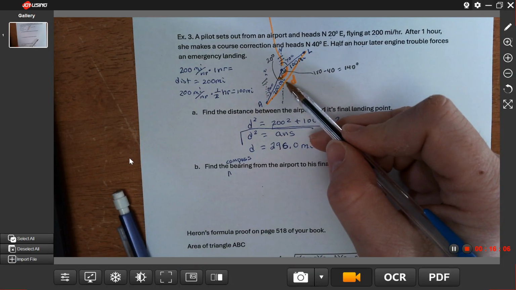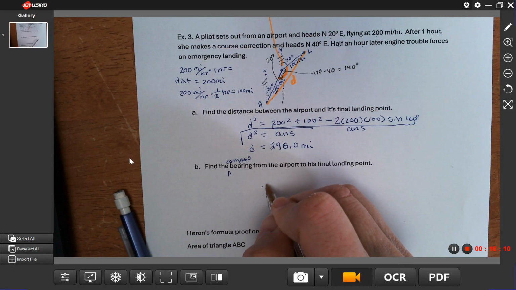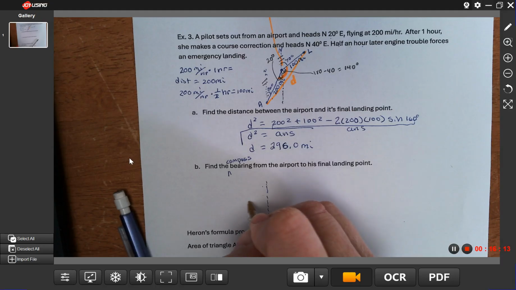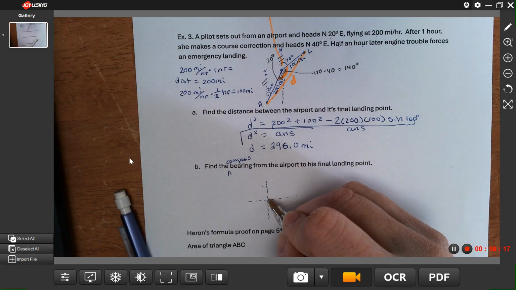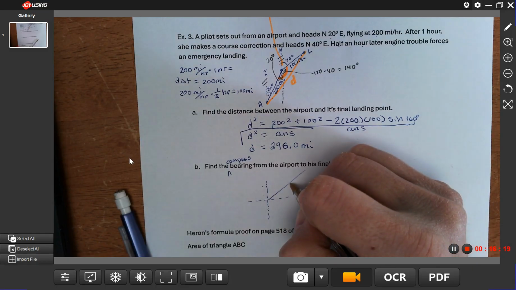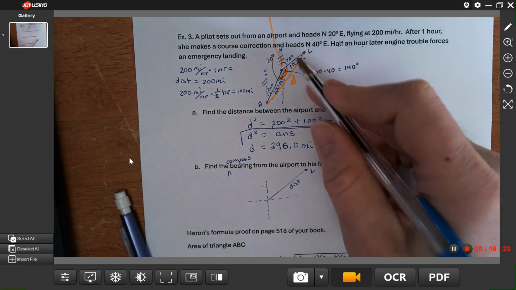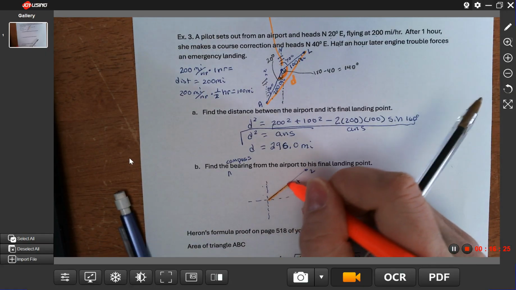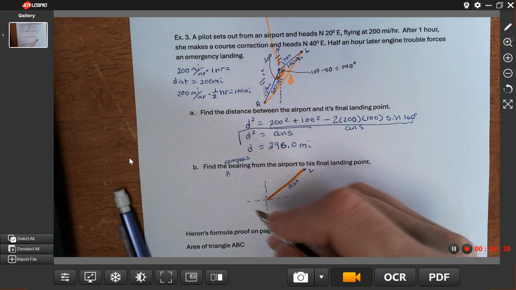We need to know this was the distance to the final destination, the landing point, right? So that's this side that I had orange up there.